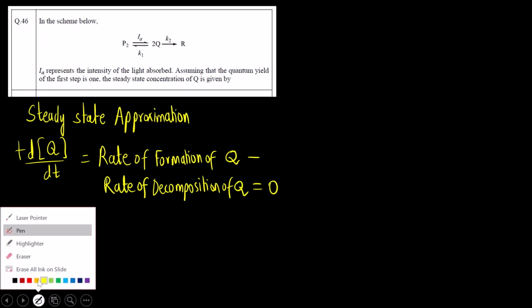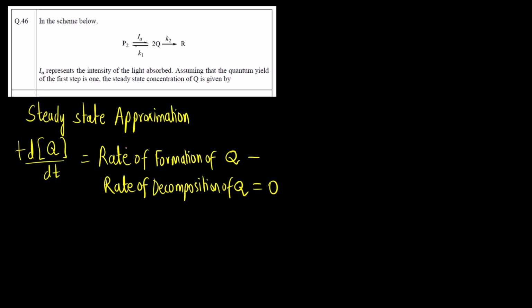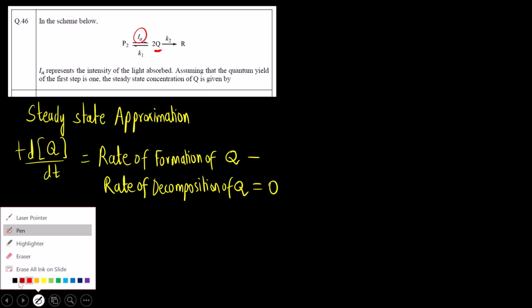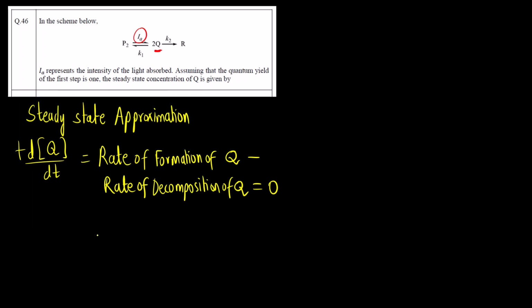So how will we get the answer? First is rate of formation. Where is Q formed? Q is formed in the first reaction, that is the photochemical reaction. For a photochemical reaction, it does not depend on the reactant concentration. It only depends on the intensity, IA.